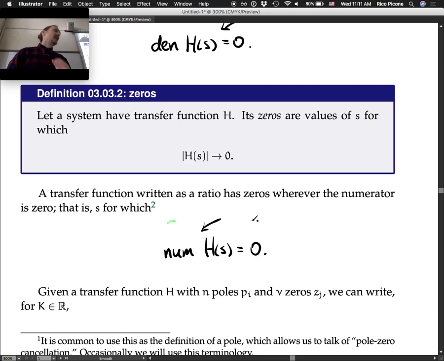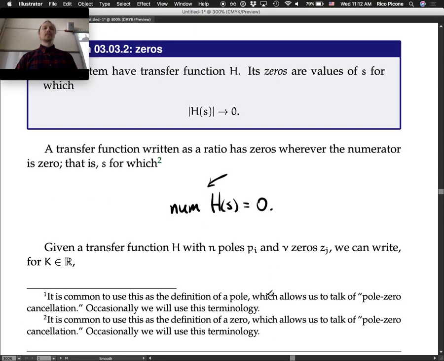So I'll just keep it to the standard thing, and there's a little bit of weirdness that we have to talk about later in terms of our definitions of poles and zeros, but we'll deal with that when we get to it. For the most part, the denominator of h equals 0 gives you the poles, or the numerator of h equals 0 gives you the zeros. And we'll just use that pretty much universally.